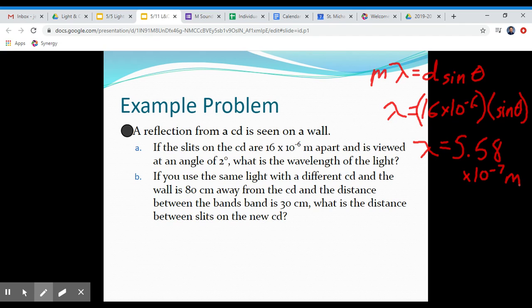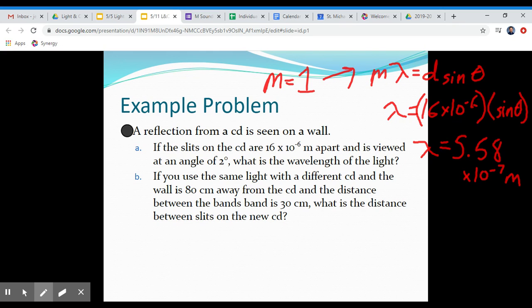Now, if you use this same light with a different CD, and the wall is 80 centimeters away from the CD and the distance between the bands is 30 centimeters, what is the distance between the slits on the new CD? Once again, we'll just assume that we're in first order. So we're still going to assume that m is equal to 1.